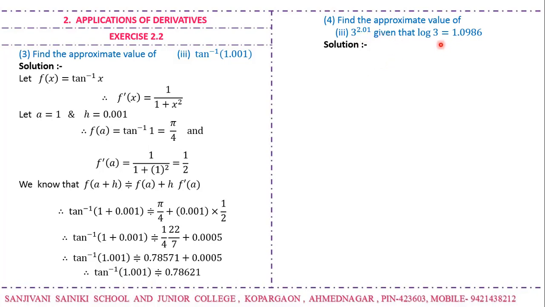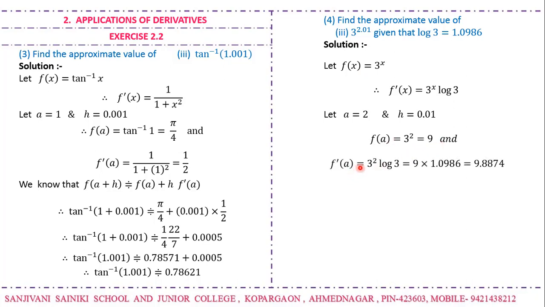Now the next example is you have to find the approximate value of 3 raised to 2.01, and it is given that log of 3 is equal to 1.0986. Now here the function we have to choose is f of x is equal to 3 raised to x. Its derivative is 3 raised to x log of 3, and our a is 2 and h is 0.01. Now f of a means 3 square, which is 9.